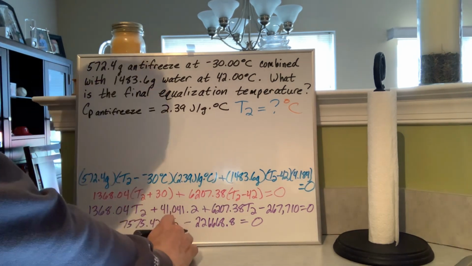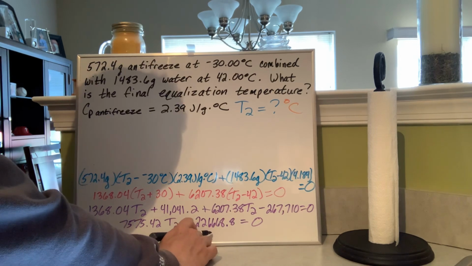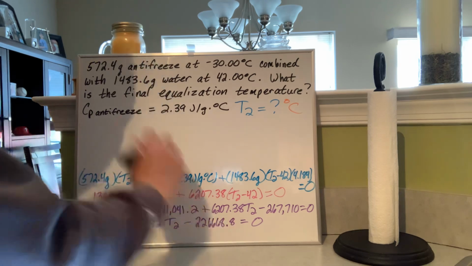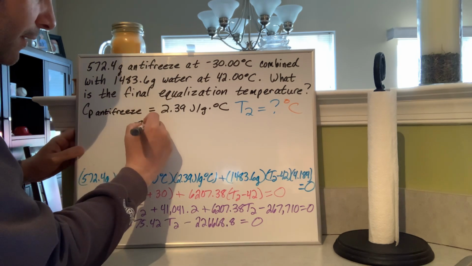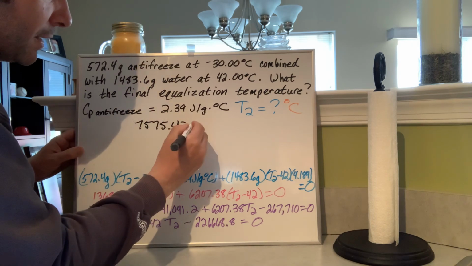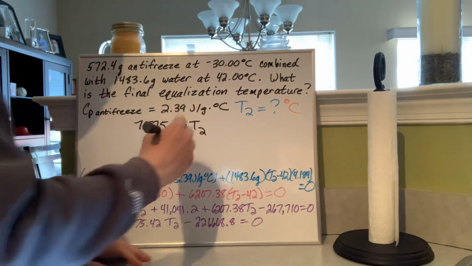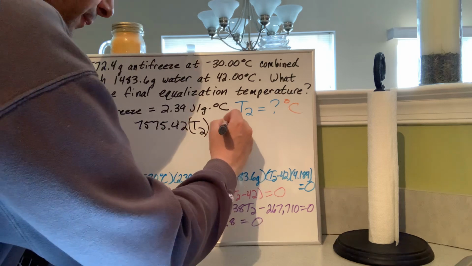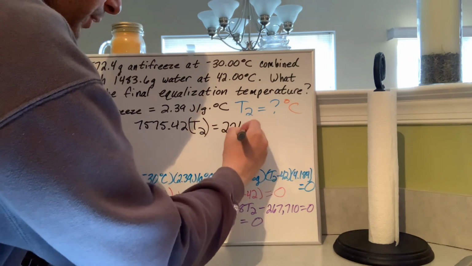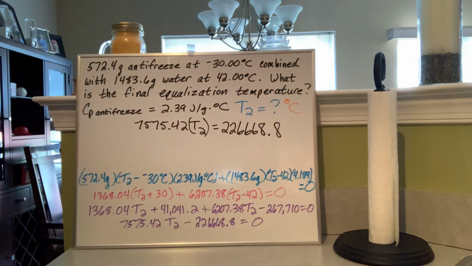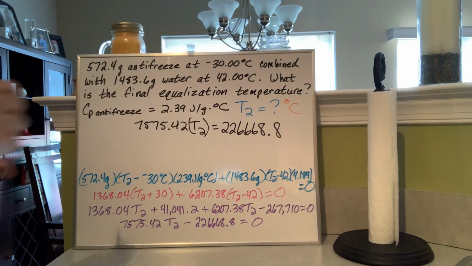So if I add the 226,668.8 over to this side, it's going to make it 0 here. So I'm going to be left with 75.42 times T2, if you want to keep that in parentheses, you can, equals positive 22668.8.